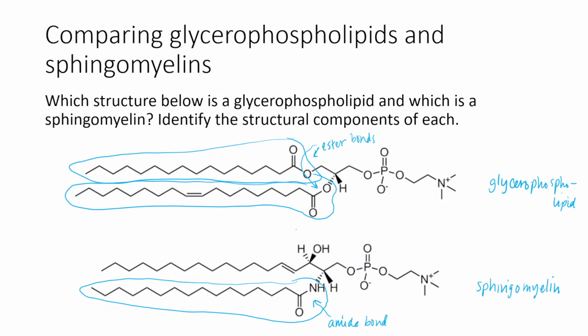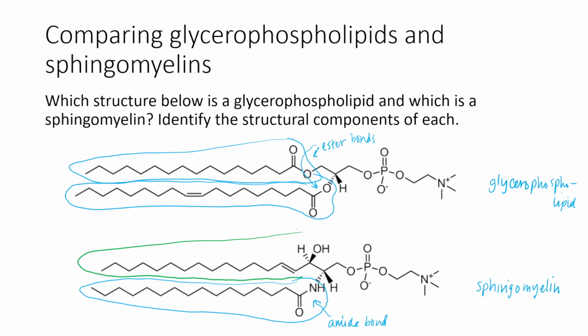You mean the one on the backbone of the sphingomyelin? Yeah, exactly. So a sphingomyelin has this whole sphingosine backbone, right? That consists of this hydrocarbon chain that has a trans double bond.